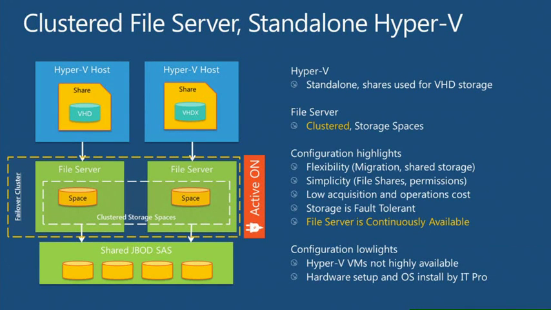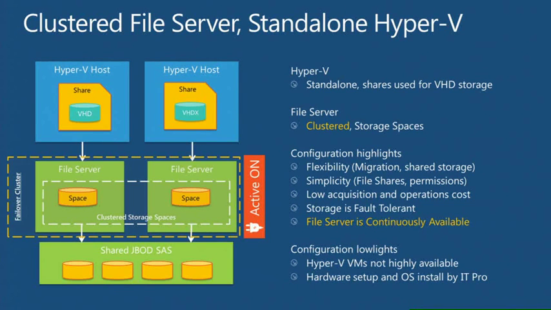Probably the easiest way to go about doing this is get some shared SAS disks. So get a JBOD with SAS storage. It has to be SAS. It can't be SATA because you can't share SATA, if you understand how those buses work. But if you have a few shared SAS disks, you can use storage spaces in a cluster configuration.